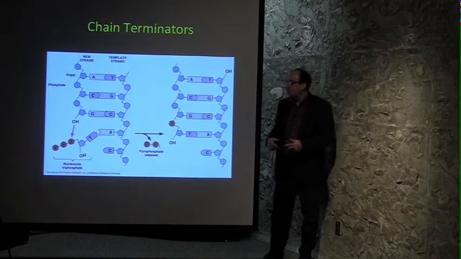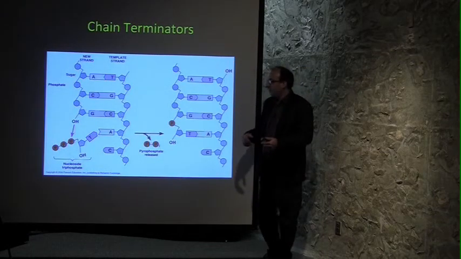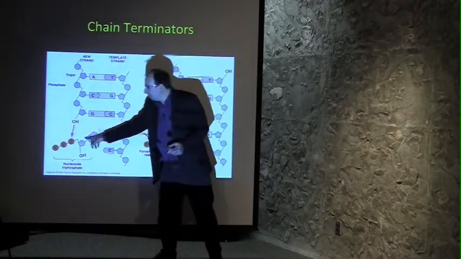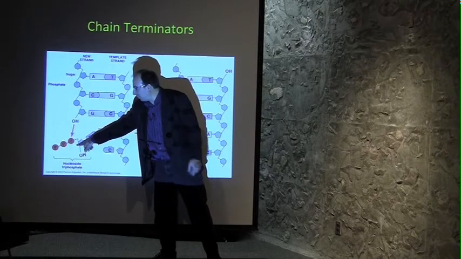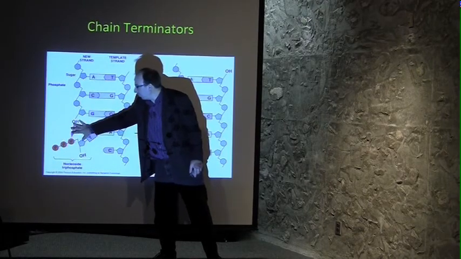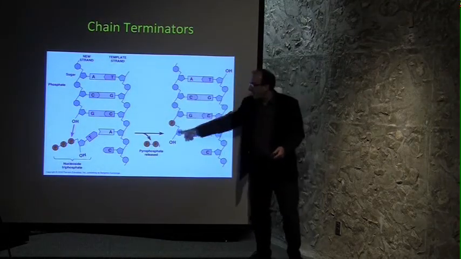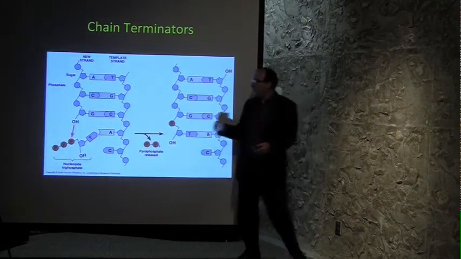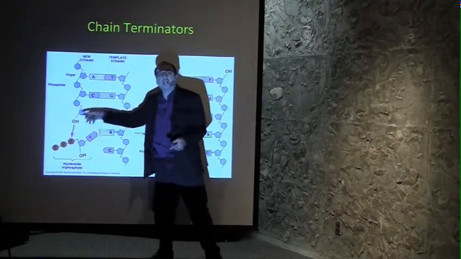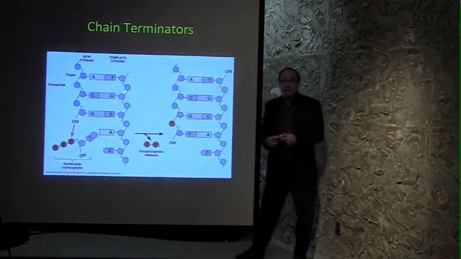Why is that important? Well, during DNA synthesis, the incoming nucleotide, here, the nucleotide triphosphate, interacts with the hydroxyl group on the growing chain of DNA to form a phosphodiester bond. Without the hydroxyl group on this growing chain, no new nucleotides can be added.